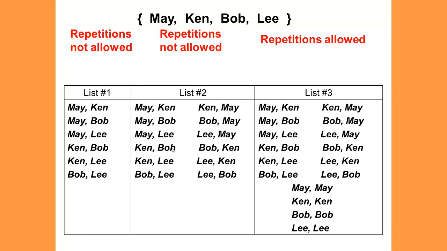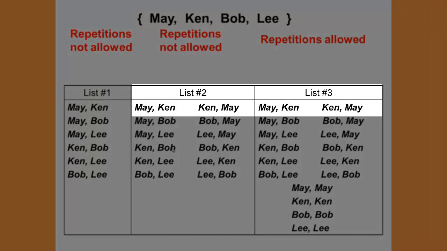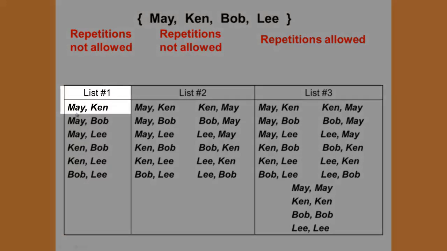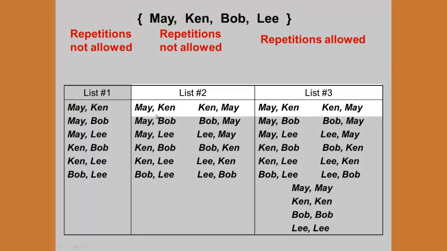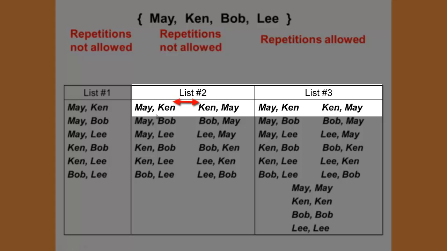That still doesn't explain why we have 3 lists. What else is different about the list? In lists 2 and 3, we have May and Ken, then Ken and May. May and Ken is considered different than Ken and May.